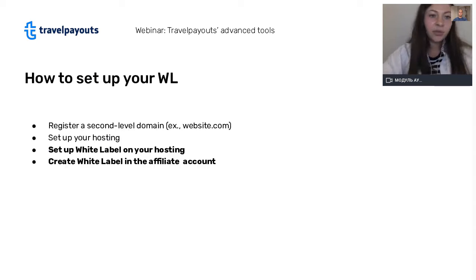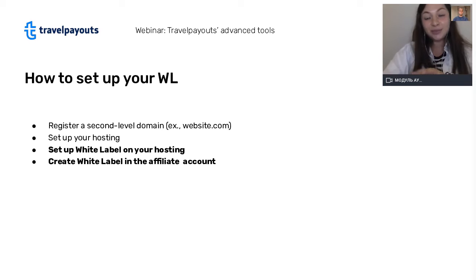And now, the most interesting part: how to set up your own white label. Today, I'll show you, and we will see that it's pretty easy. First of all, you have to register a second-level domain and set up your hosting.